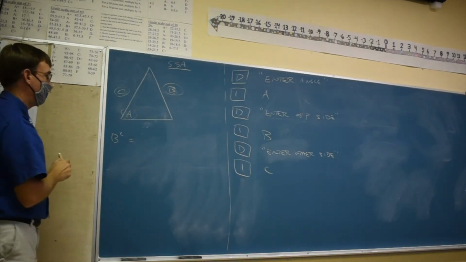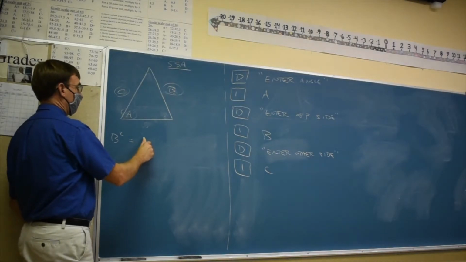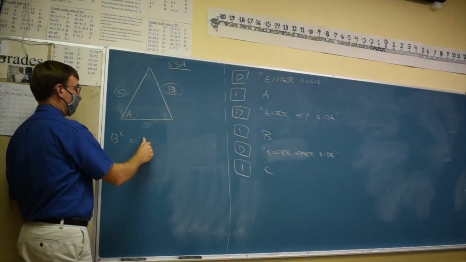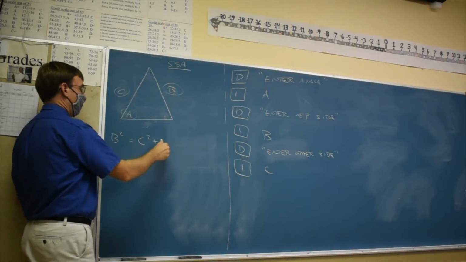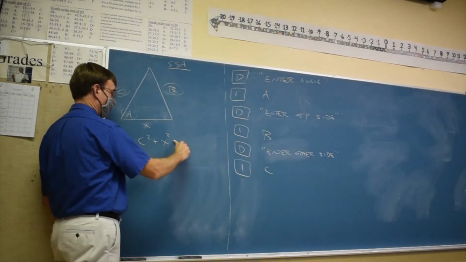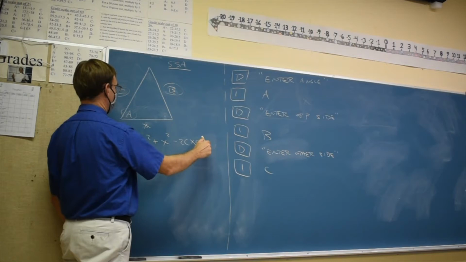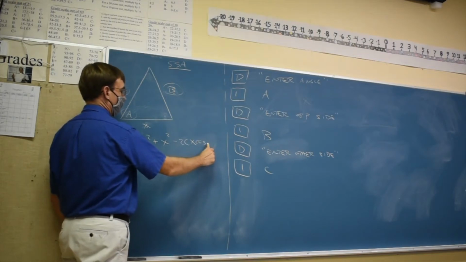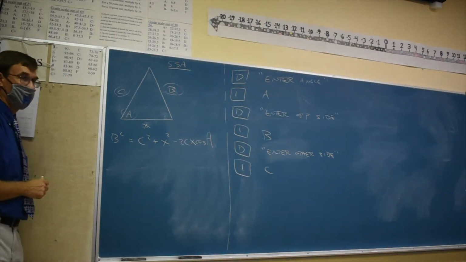We're going to have to go B squared equals C squared plus X squared, if we're calling that X, minus 2 times C times X times cosine A. Question about that?